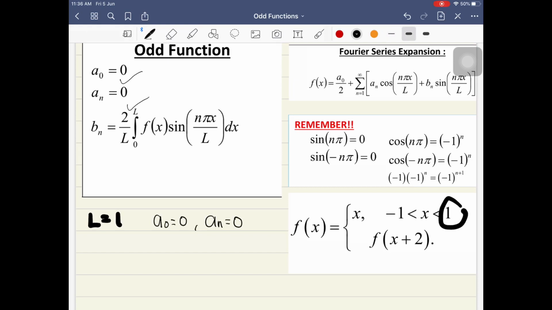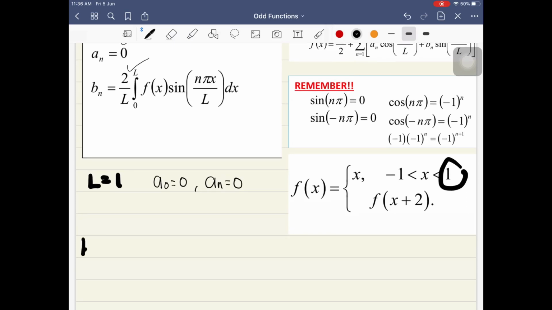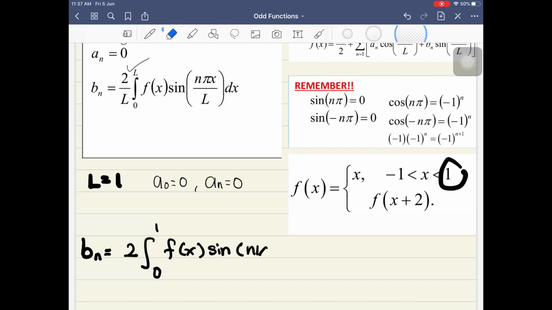Okay, so now your bn is equal to 2 over L, so 2 over 1, integrate 0 to 1, f(x) sine n pi x dx.